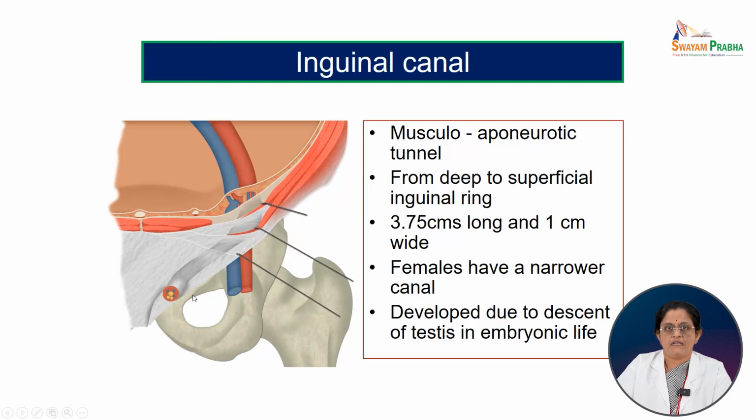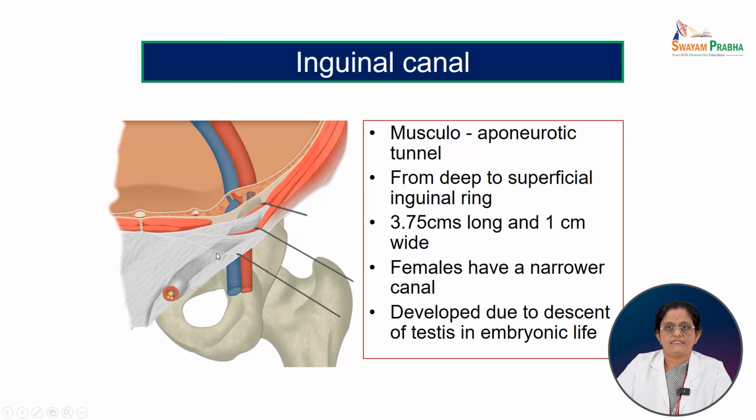The superficial inguinal ring is a triangular opening in the aponeurosis of external oblique muscle. So, this intermuscular passage or the musculo-aponeurotic canal, what you are seeing, which is oblique, what I am pointing out is the inguinal canal. Females have a narrower canal.